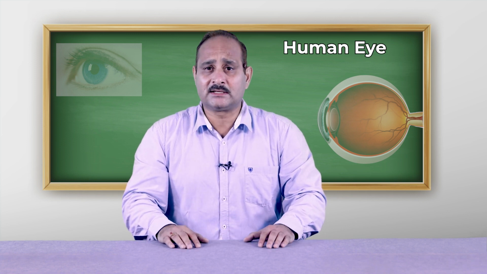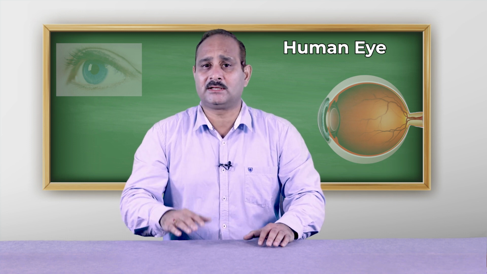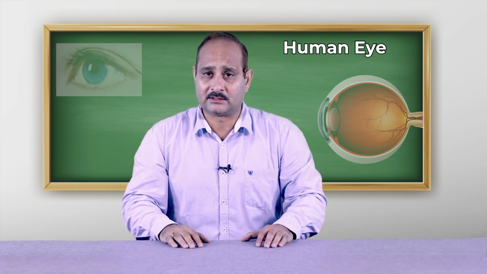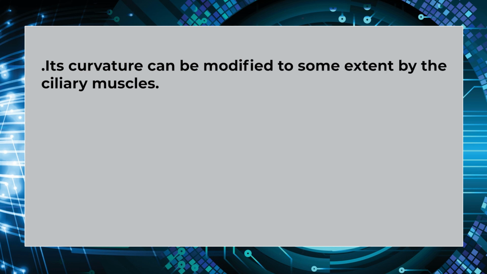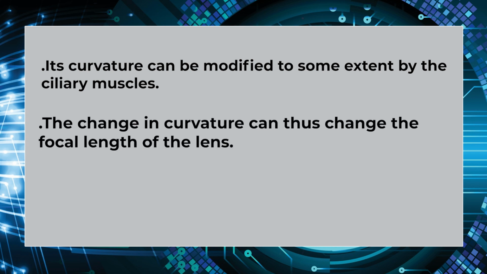It focuses the light on the retina and a real and inverted image is obtained on the retina. Its curvature can be modified to some extent by the ciliary muscles. The change in curvature can thus change the focal length of the lens.